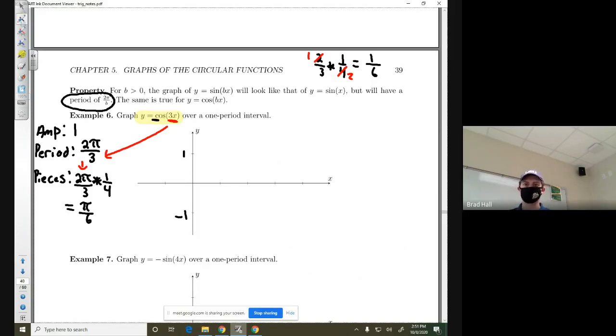So now this tells us the increment size. So if we go to determine our intervals again, we're not going by intervals of π/2 anymore. We're starting at 0. We're going to add to 0 π/6.